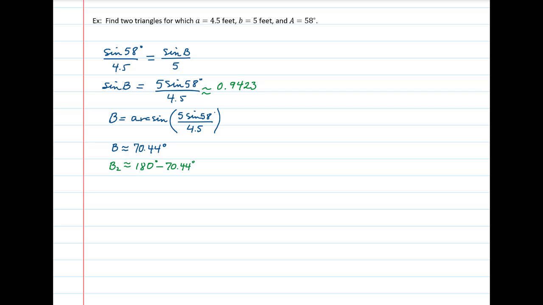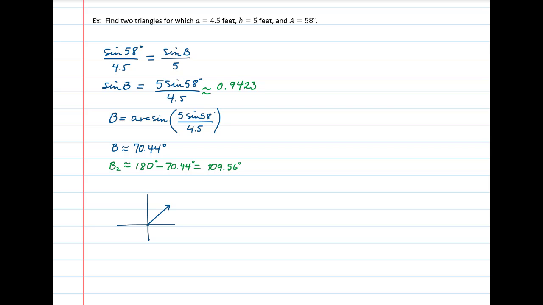We have B equal to 70.44 degrees as we found using the inverse sine, but I can also have a second quadrant solution, and I will find that by subtracting the 70.44 degrees from 180 degrees to find that second quadrant solution that would also make this equation work, and that's going to be 109.56 degrees.